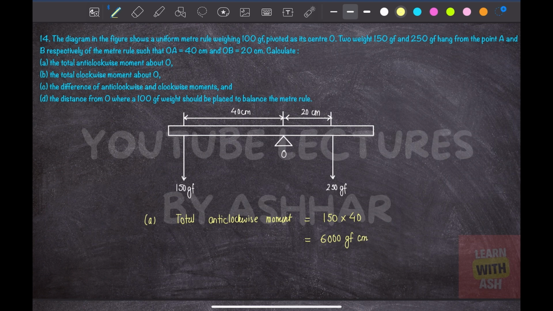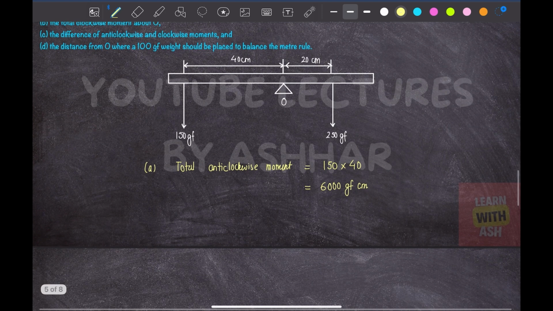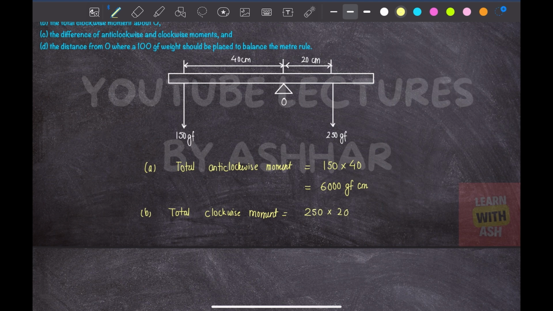After that, they are asking us about the clockwise. So the clockwise will be the other part of it. So total anti, my mistake, total clockwise moment will be 250 multiplied with 20, and this will give us the answer as 5000 gram force centimeter.